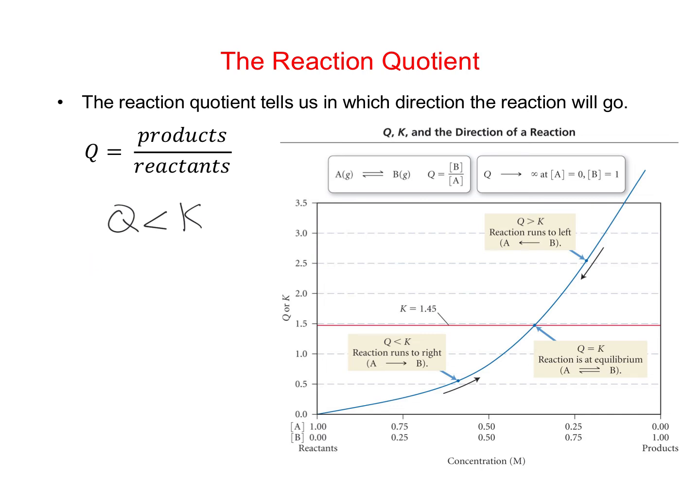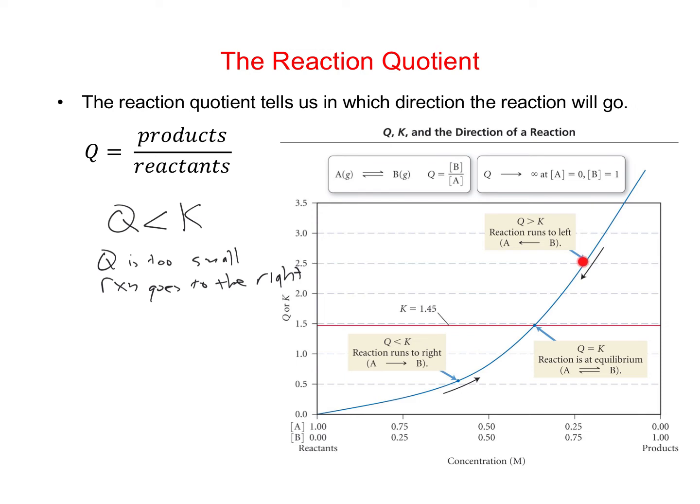When Q is too small, the reaction goes to the right. When we say to the right, the products are on the right, so the reaction is going to make more products.